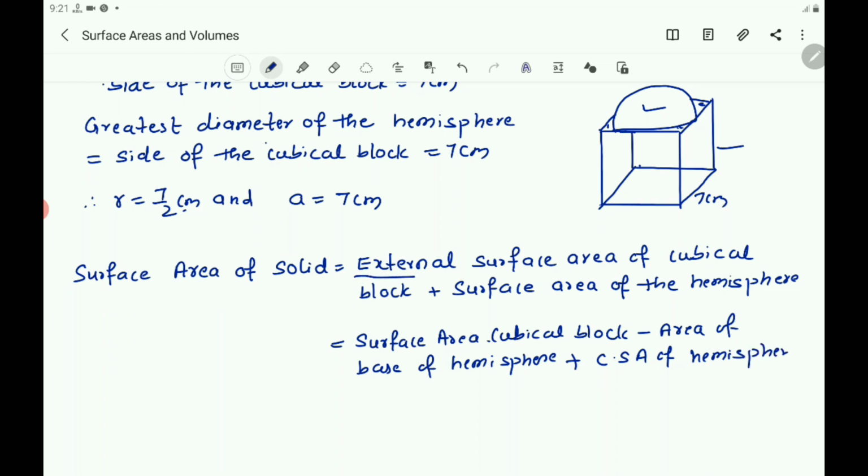Here the external surface area of the cubical block is the surface area of the cubical block minus the area of the base of the hemisphere.